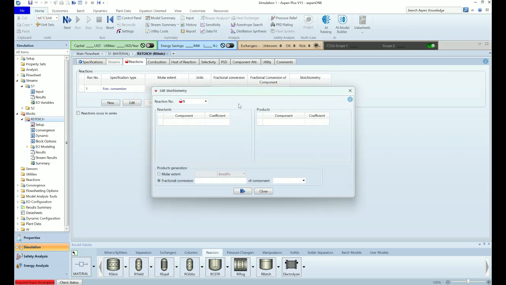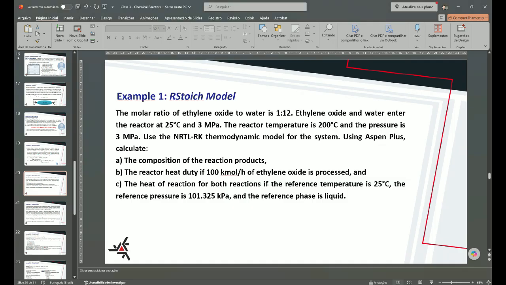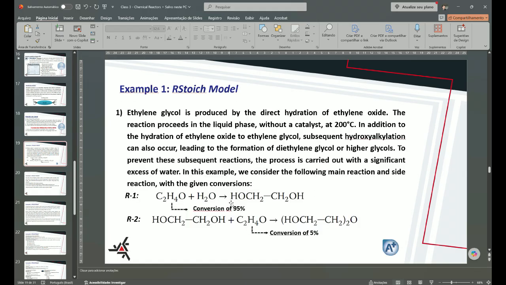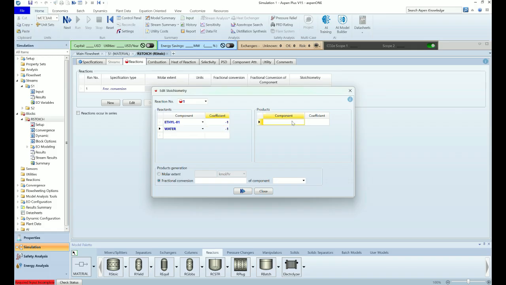We are going to select the compounds that are reacting: ethylene oxide and water. I think the reaction is 1 to 1, and pay attention to selecting negative values for the coefficients of the reactants. Yes, it's all 1 to 1. And here we have the production of our ethylene glycol.